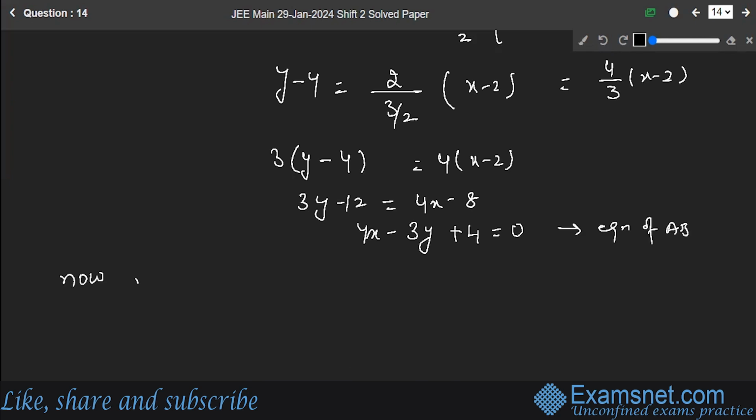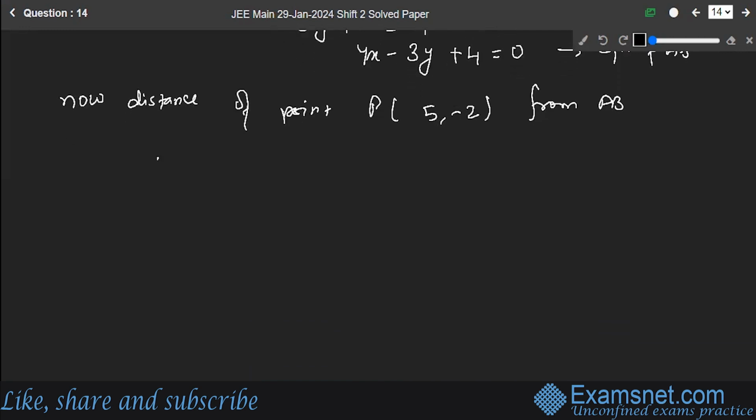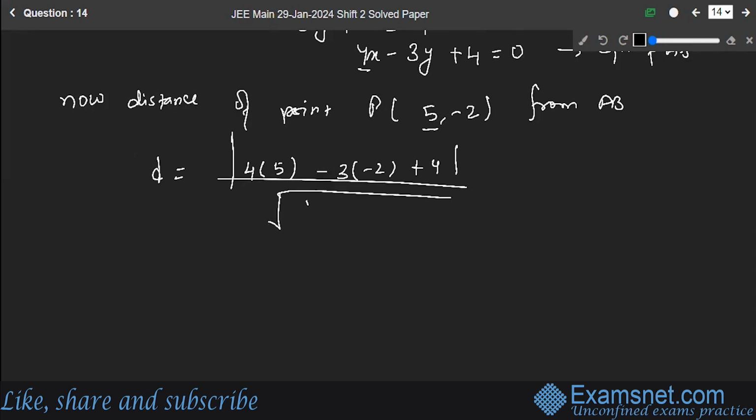Now, distance of point P from AB. You have the equation, you have the point, easy. So distance D is given by modulus of 4 into 5 minus 3 into minus 2 plus 4 divided by root of 4 square plus minus 3 square.